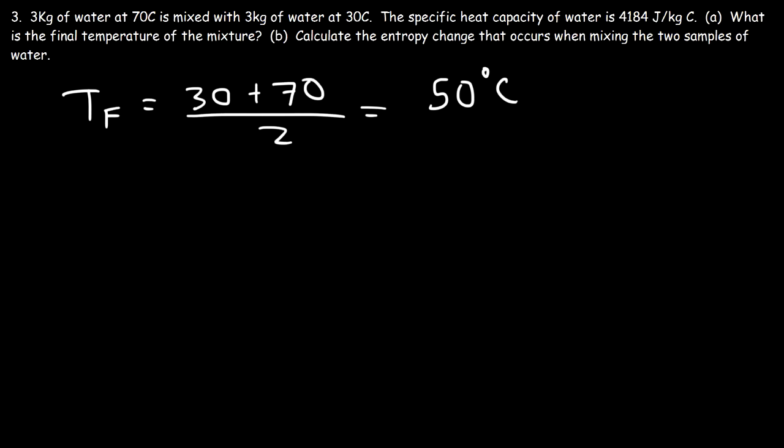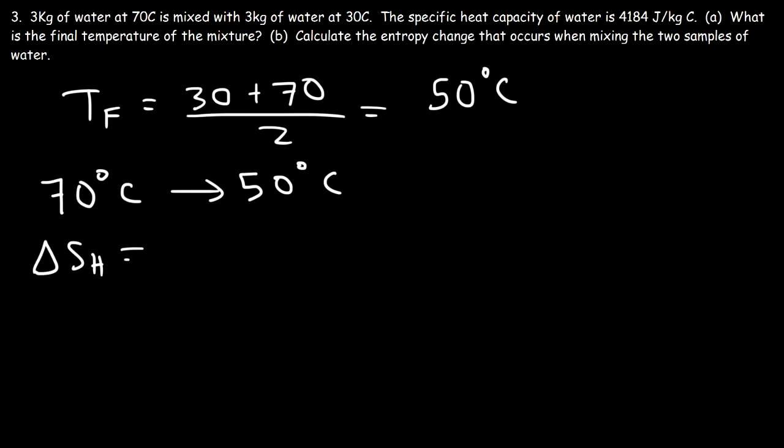So let's focus on the hot water sample. The temperature is initially 70 degrees Celsius, and it's going to cool down to a final temperature of 50. So let's calculate the entropy change for that process. So we'll say delta S H for the hot water sample, and it's equal to Q divided by the average temperature, since the temperature is not constant.